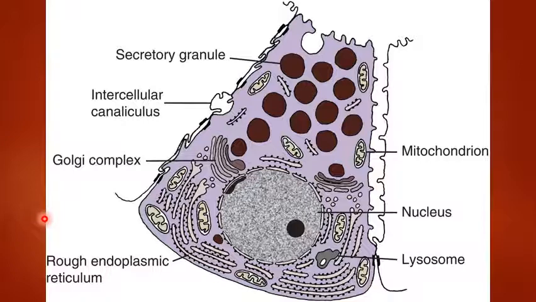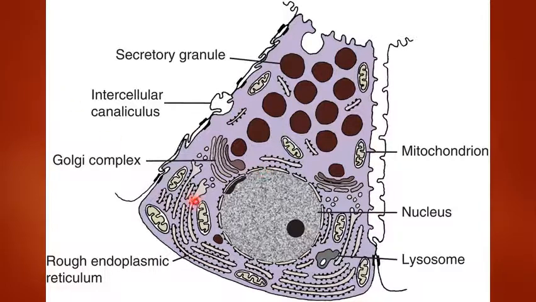After that, this signal sequence attaches to the membrane of the rough endoplasmic reticulum. This is the rough endoplasmic reticulum. This is recognized by an enzyme, and it detaches the protein over here.